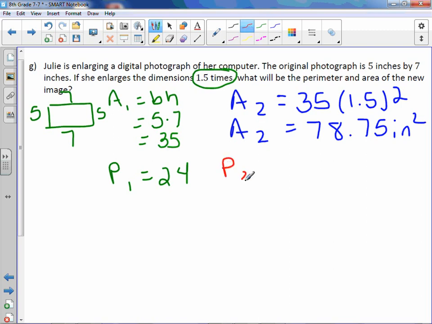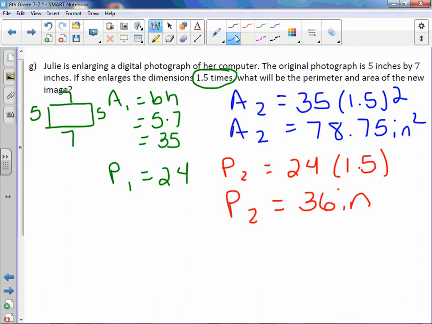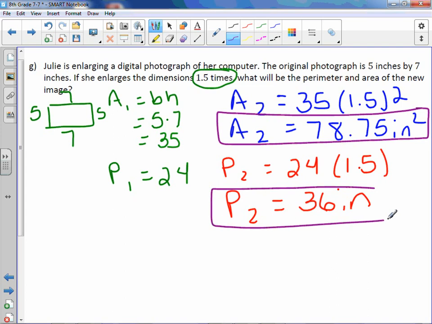To find our new perimeter, we take our old perimeter and multiply that by the scale factor. Not squared, just the scale factor. And for our perimeter, we get 36 inches. So here's the new area, and here's the new perimeter.